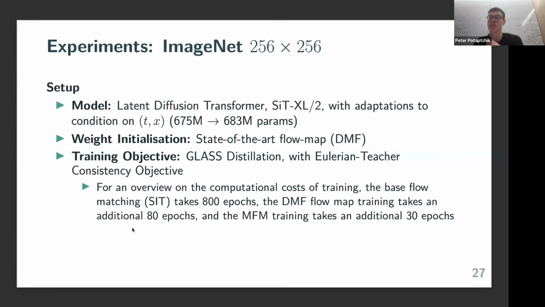So, compared to the 880 epochs, 30 epochs is really small. Now, I want to quickly caveat that one step of training an MFM is going to be a bit more expensive than a step of training the base flow matching model, but it's not that much more expensive. So it's still much, much cheaper.